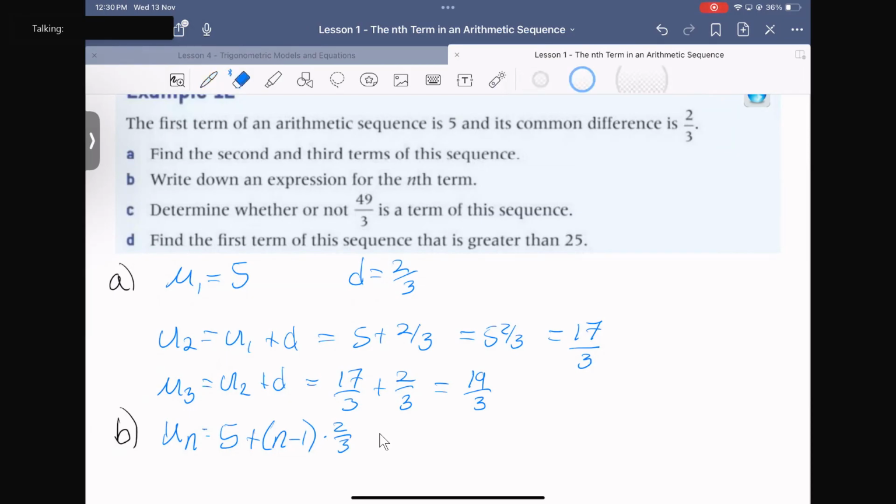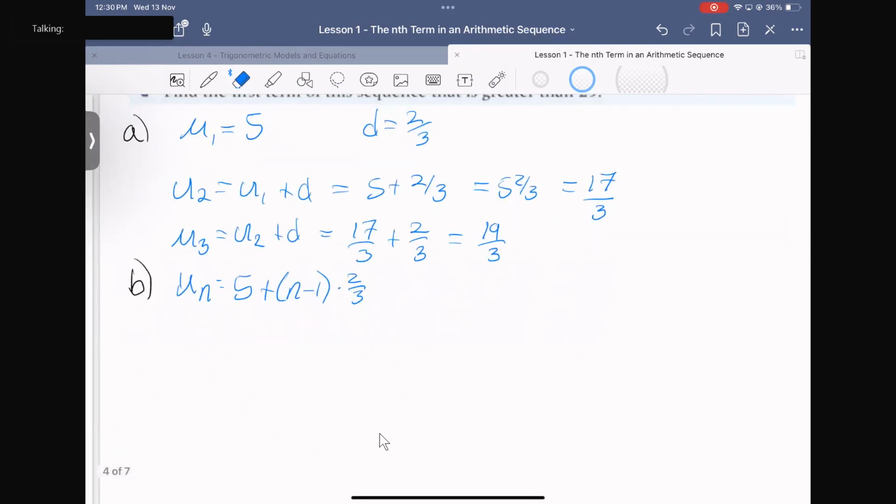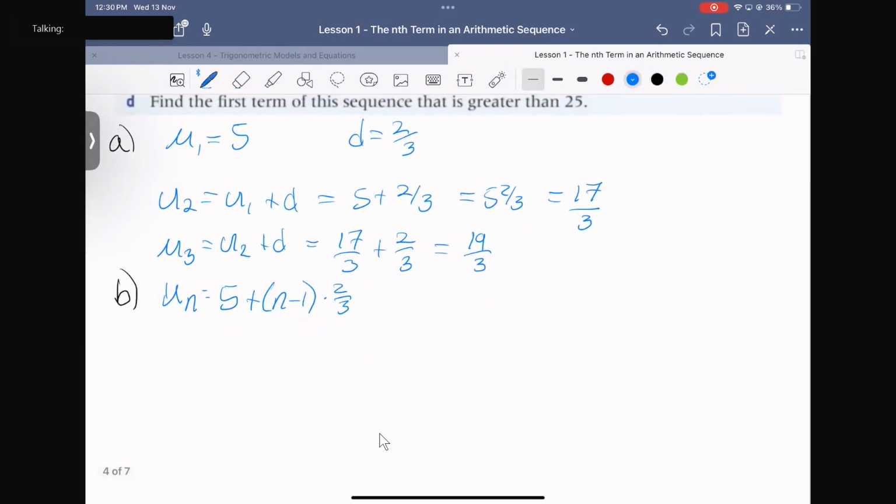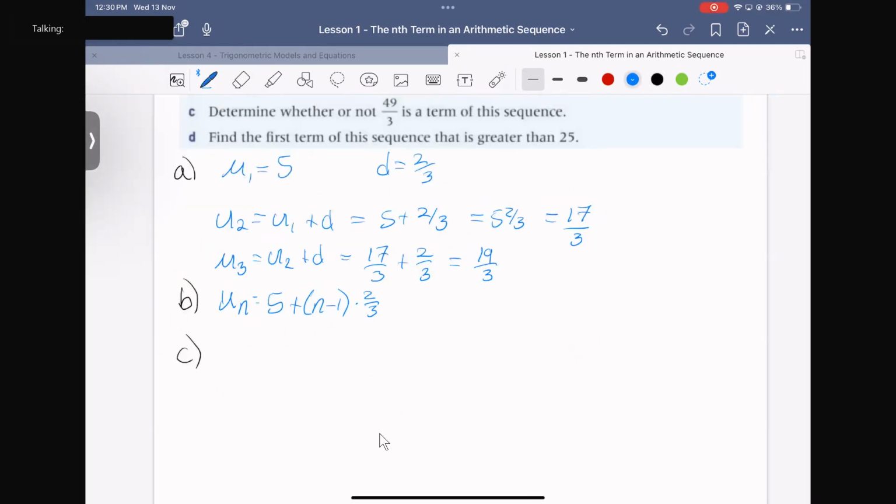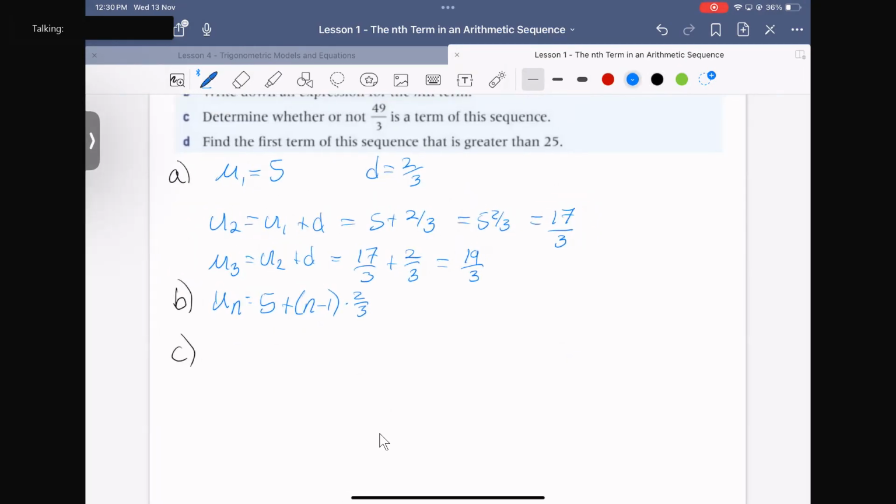So this question here, C: determine whether or not 49 over 3 is a term in the sequence. For this type of question, and I've seen this one come up a few times on the exam, we take 49 over 3 and set it equal to our general formula.